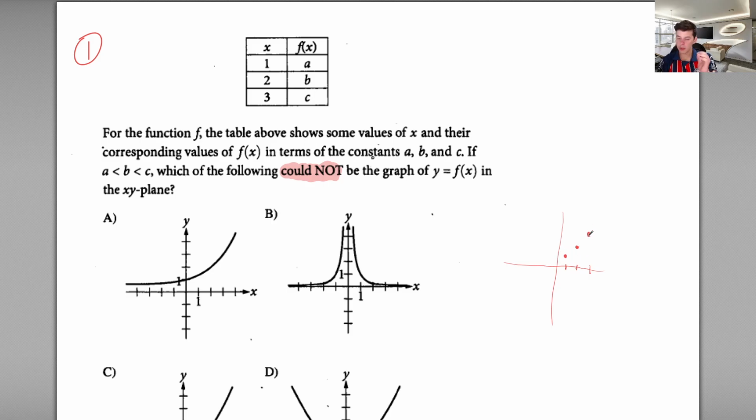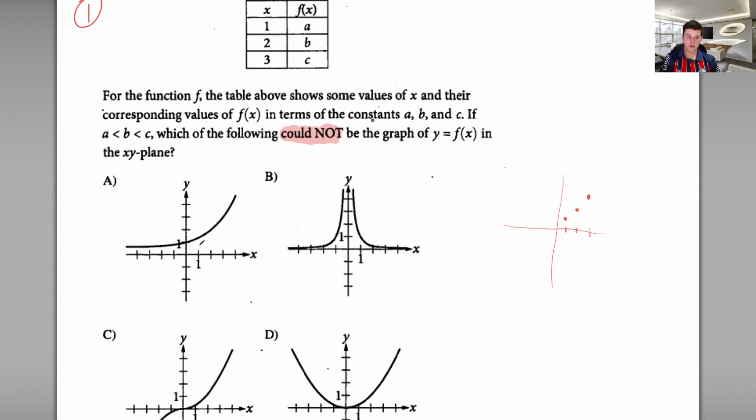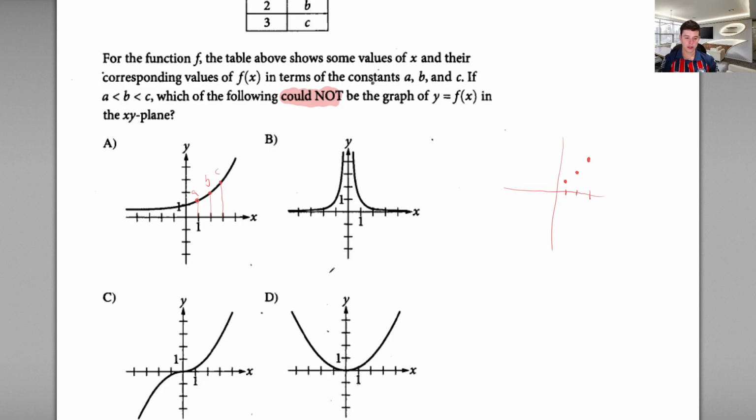We don't know how much bigger or how much smaller each number is, but we know that it's going to follow this trend. So a at 1 is less than b at 2, which is less than c at x equals 3. We can see that this one follows this trend as well.